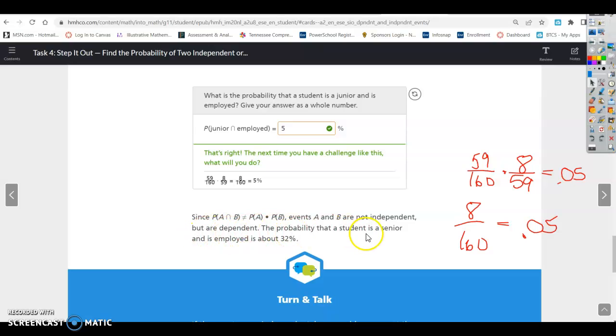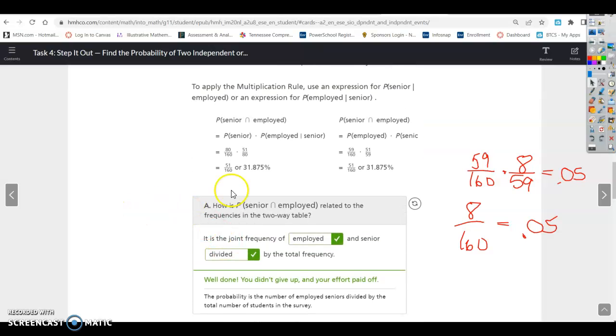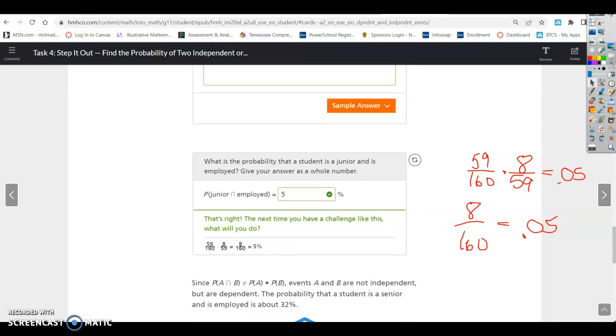The probability that a student is a senior and is employed is about 32%. So right here we found junior and employed. Here it's talking about senior and employed. So that was back up a little bit further. So here the 31.875, this is about 32% are both employed and a senior.